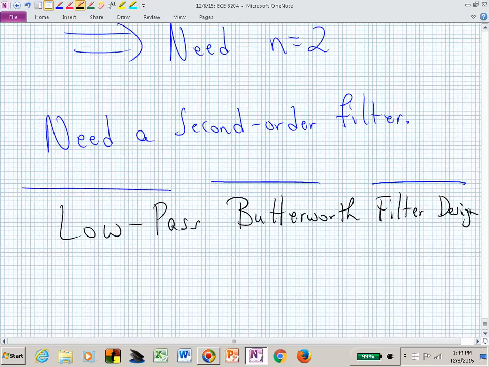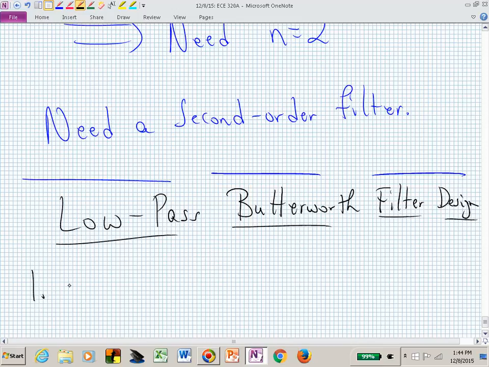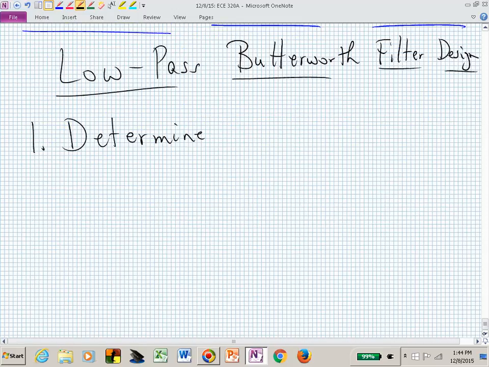Here are the steps. First, you determine the filter order, and I hope that you now all know how to do that, given the passband frequency, the stop band frequency, and the attenuation between those. So determine the filter order. In the last example, we determined that we needed a second-order filter.